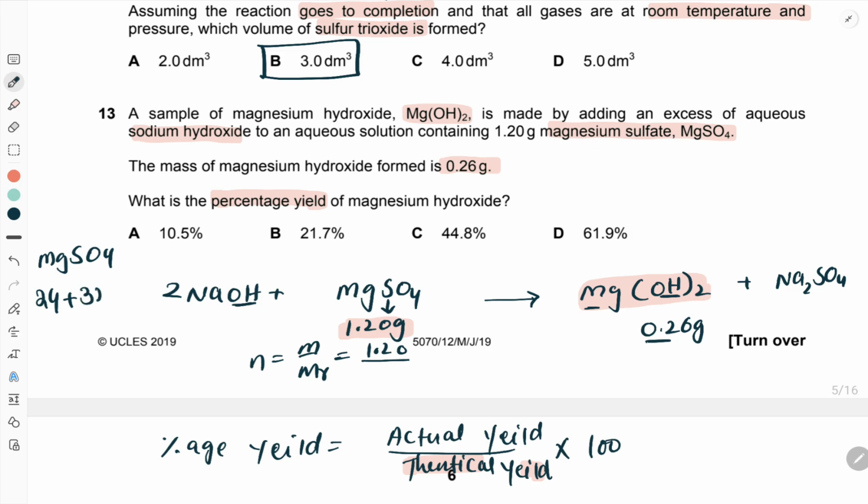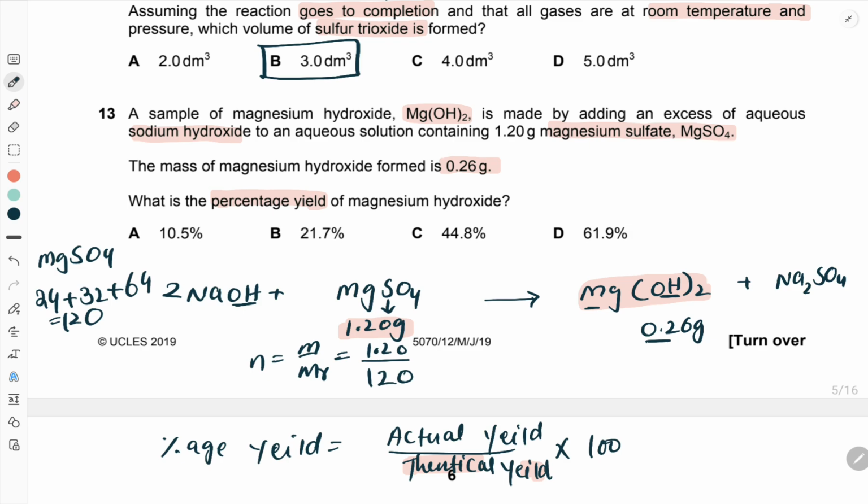Sulfur is 32, 4 oxygen, which is 64. So 24 plus 32 plus 64 gives you 120. So the Mr of magnesium sulfate is 120.